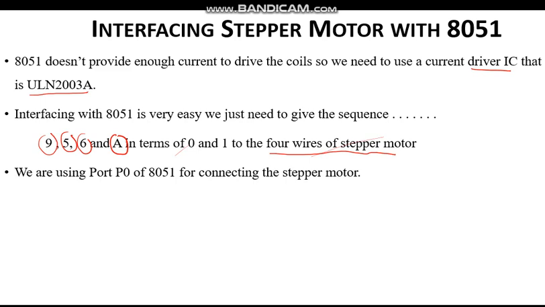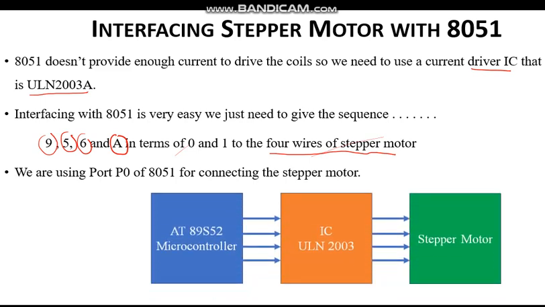Now in this case we are using port 0 of 8051 microcontroller to connect stepper motor. So here we have this microcontroller whose port pins P0.0, P0.1, P0.2 and P0.3 are used. They are going to the current driver IC, and this IC will drive the stepper motor.